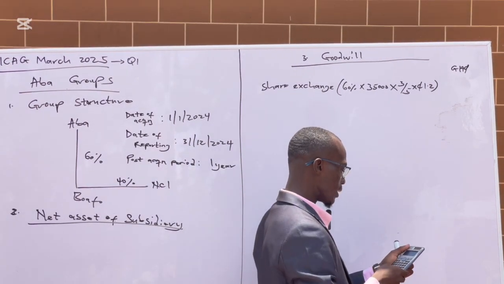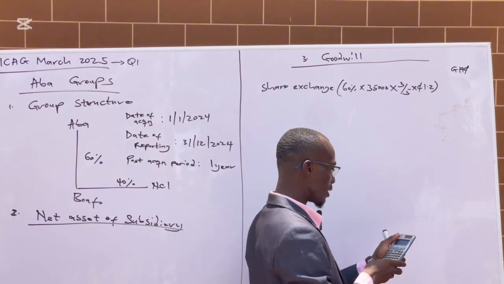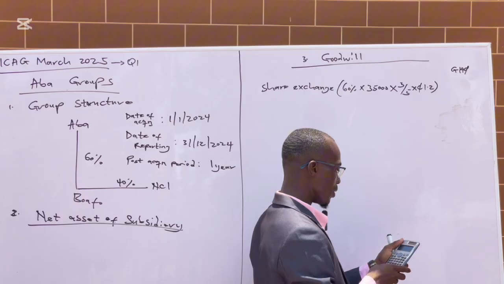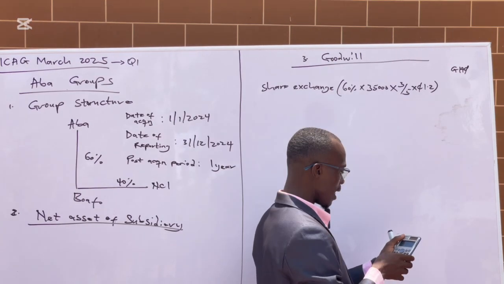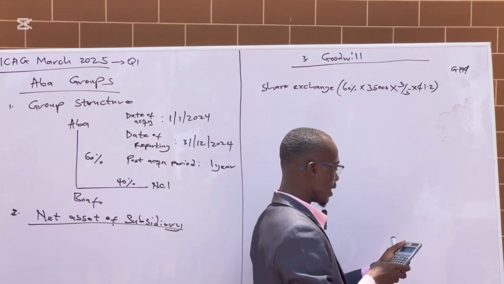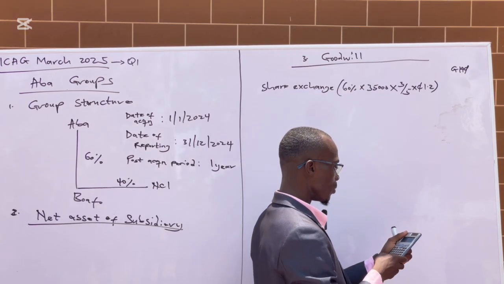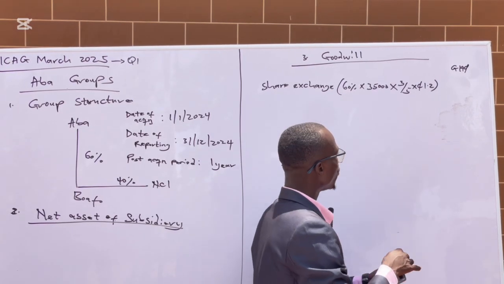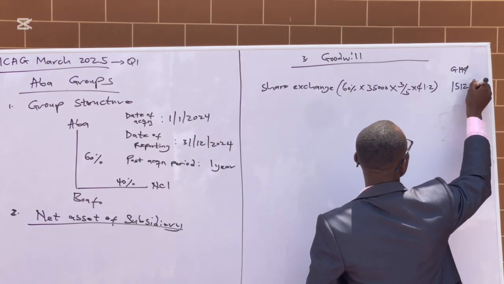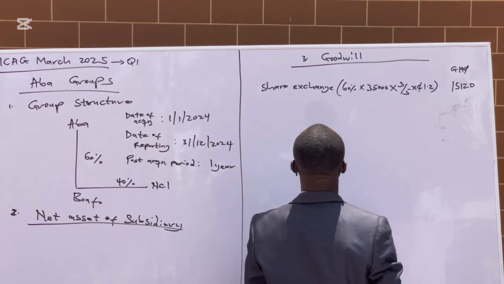So 0.6 times our 35,000 shares of the subsidiary, multiplied by the share exchange of 3 on 5, then times the share price of the parent, 1.2. So this one is giving me 15,120. This one is the share exchange.